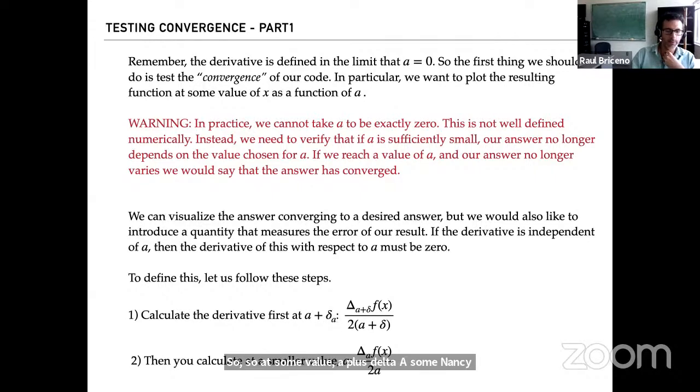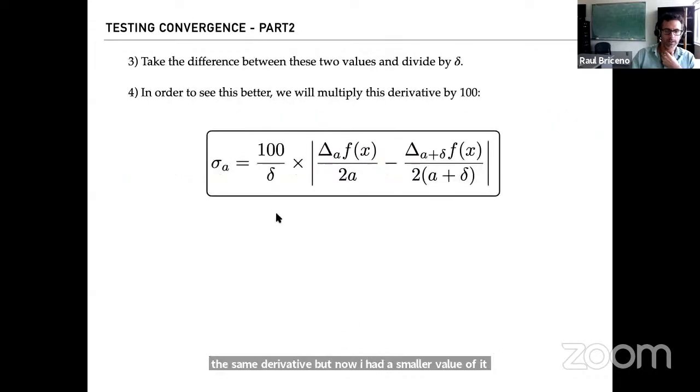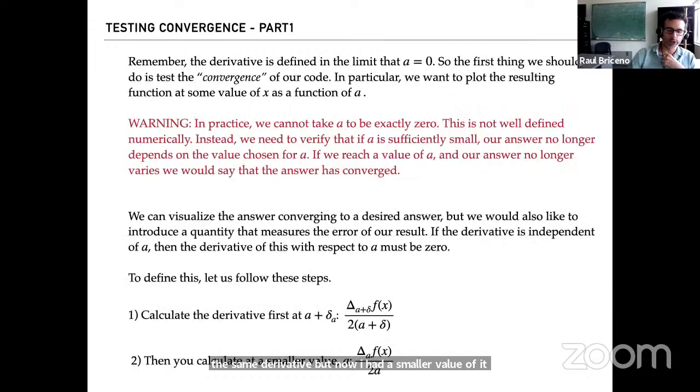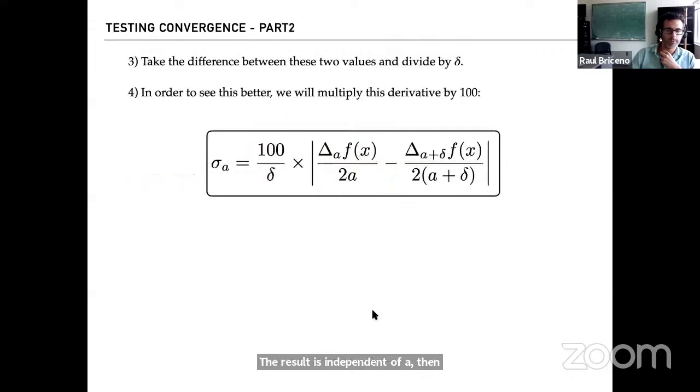And then we calculate the same derivative, but now at a smaller value of a. If the result is independent of a, then the difference between these two should be 0, because I've just chosen one a versus another value of a, which is smaller. So we essentially take the difference of those and scale the difference by delta a. That's essentially the derivative with respect to a.